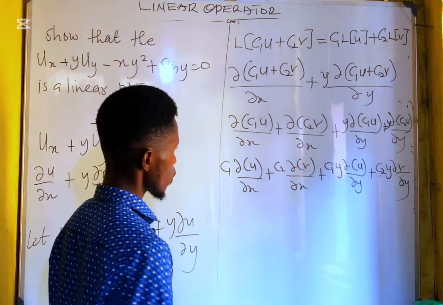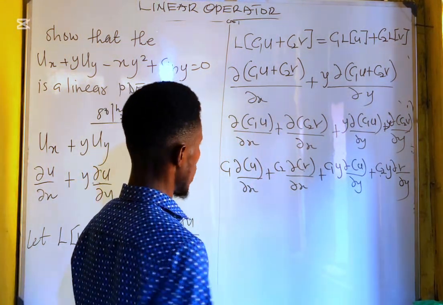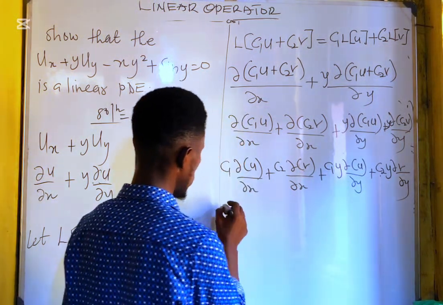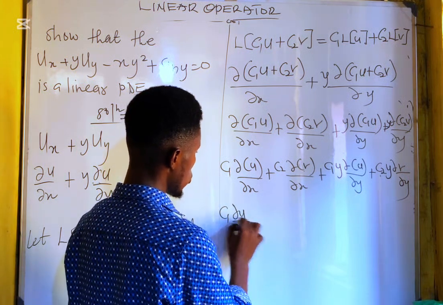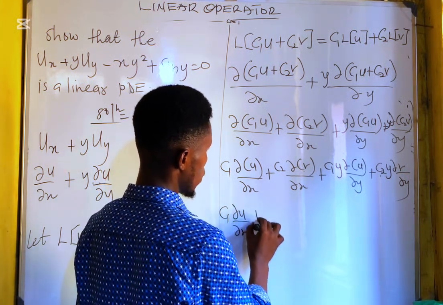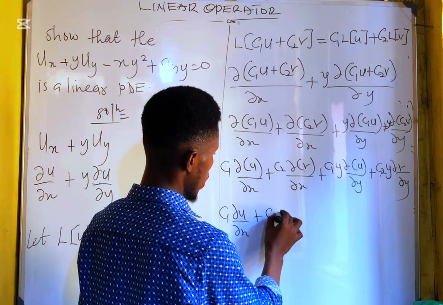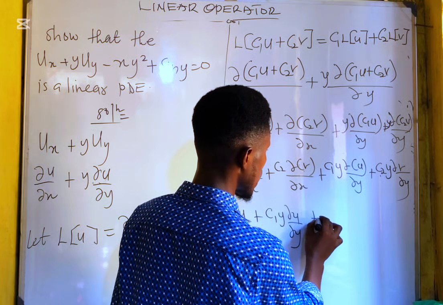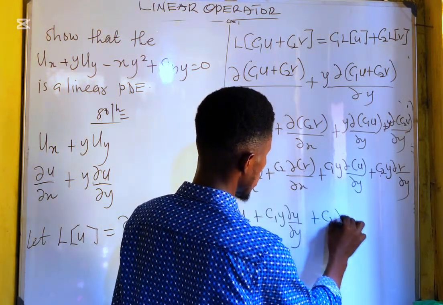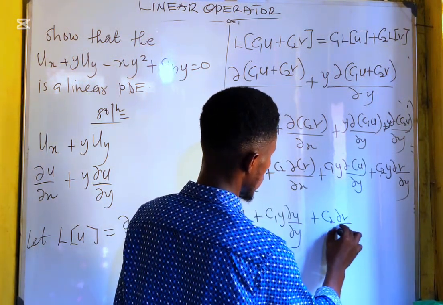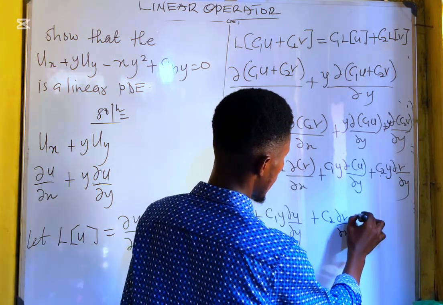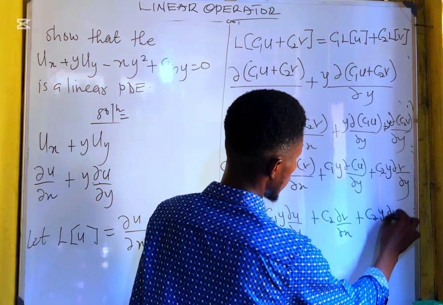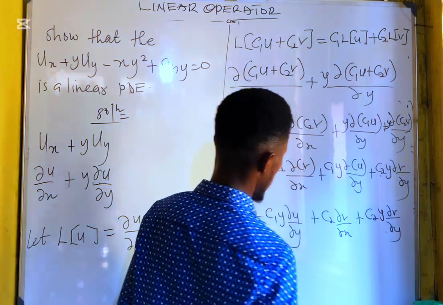Now here, let's take the ones with U together. So this one is having U, this one is having U. So let's put them together. So C1 delta U over delta x plus C1 y delta U over delta y, plus C2 delta V over delta x plus C2 y delta V over delta y.